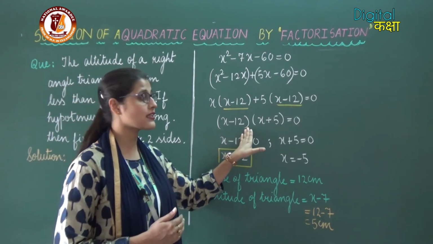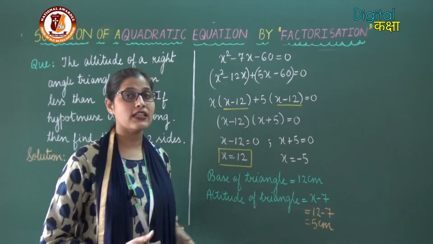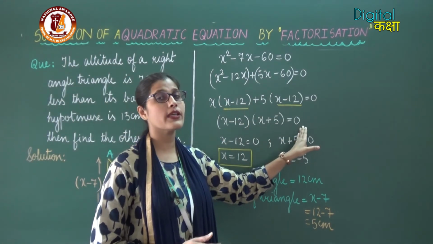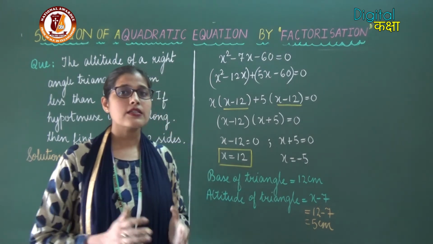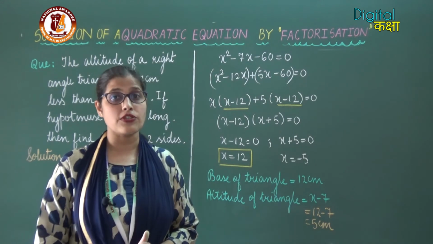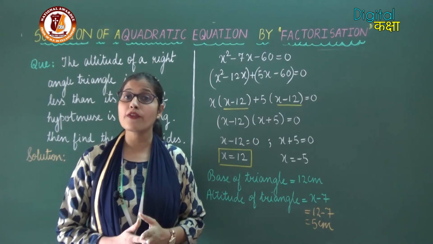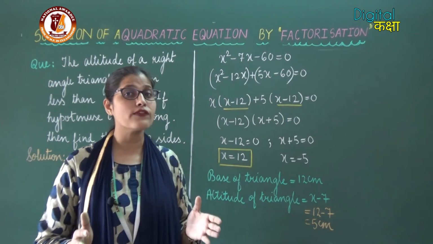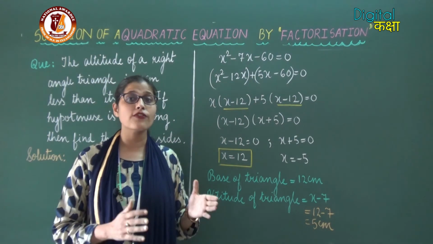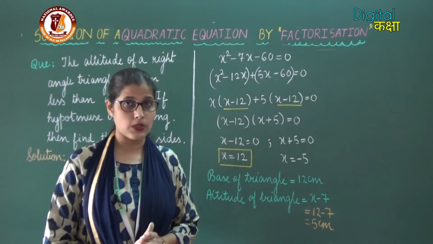So one factor is x minus 12 and the other factor is x plus 5, which will be equal to 0. Since these are the factors of the given quadratic equation, we will find the zeros of the quadratic equation by equating both the factors to 0.